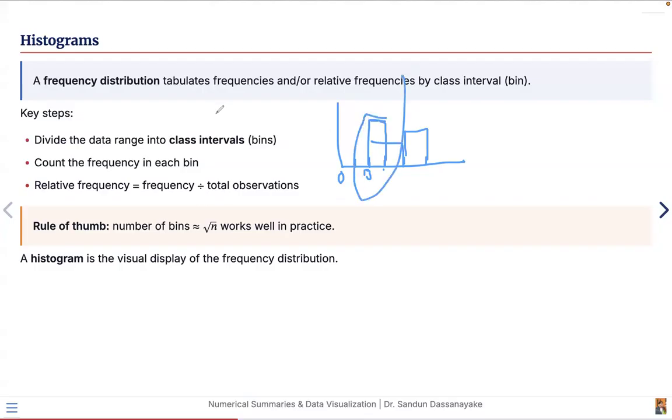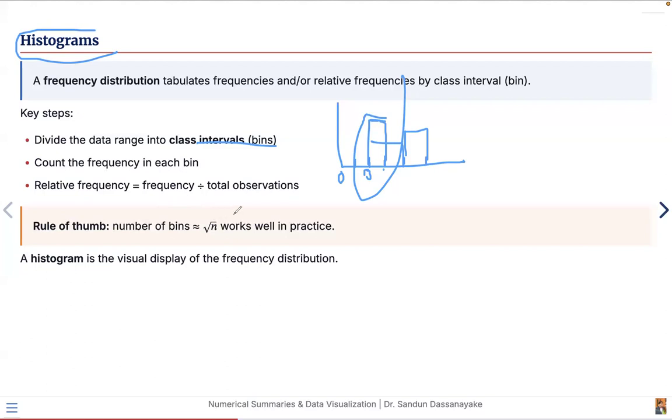That's a frequency distribution, and we call this a histogram. The key step is that it divides the data range into class intervals, or bins. In the previous case, the stem and leaf diagram basically shows how many intervals there were. Then you count the frequency in each bin. Relative frequency is the frequency divided by the total observations.